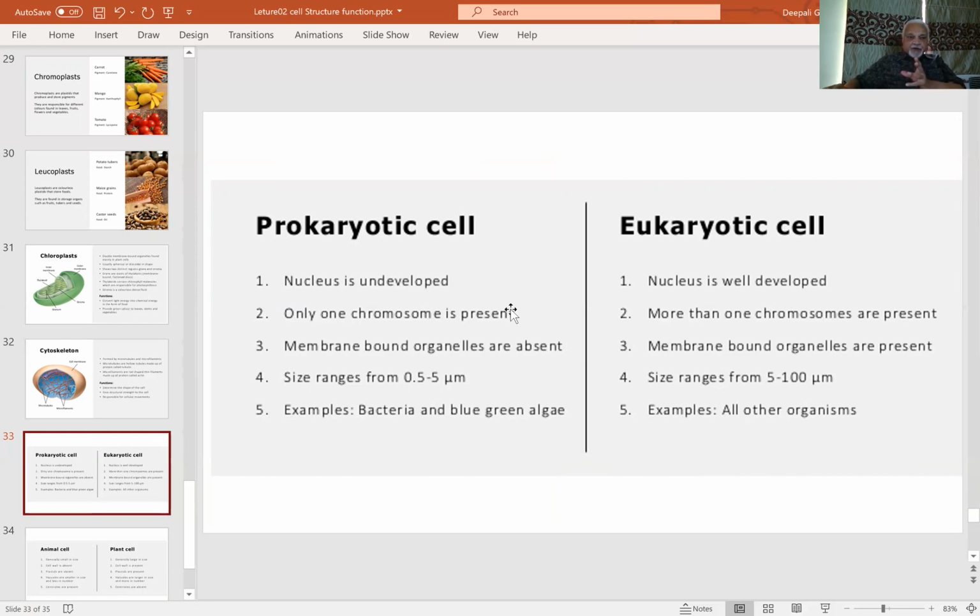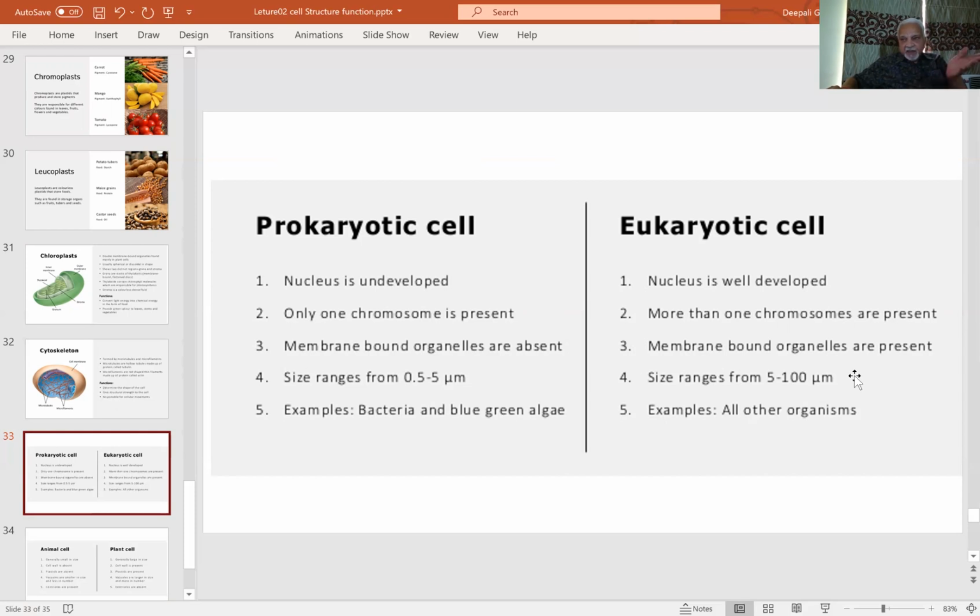And in prokaryotes, the membranous organelle structures are missing, whereas in eukaryotes, membranous organelles are there. Size varies: the microbial cell is very small, whereas the eukaryotic cell is larger in size.